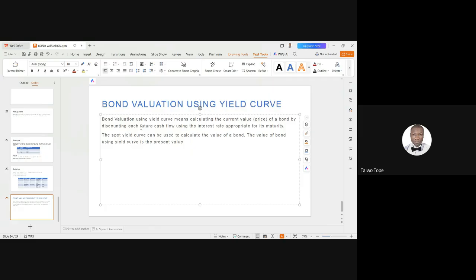Is the present value of each coupon payment discounted at the cost of borrowing associated with the bond.